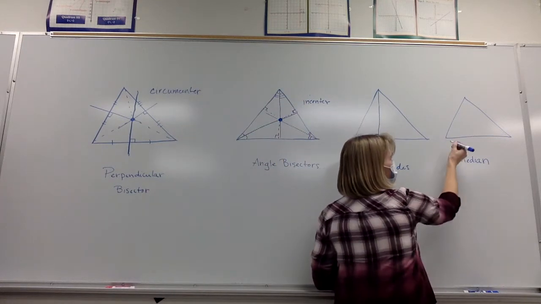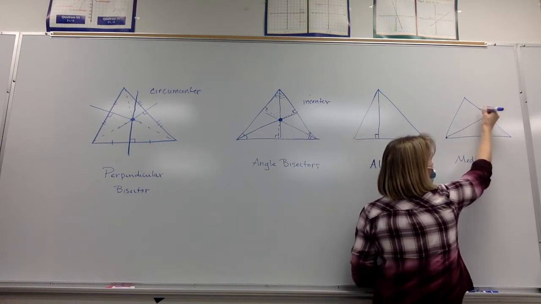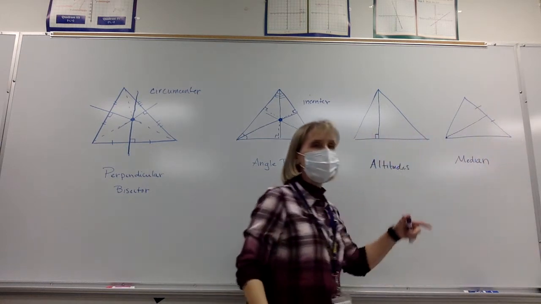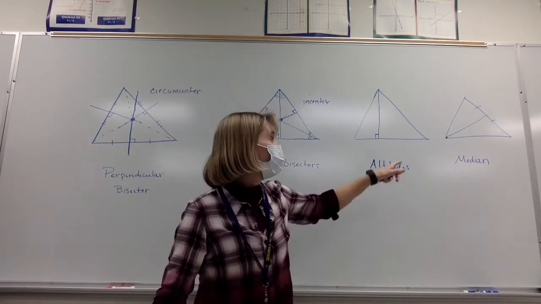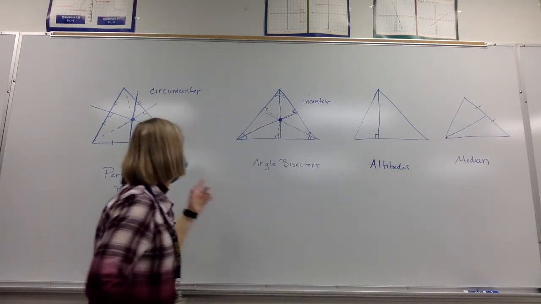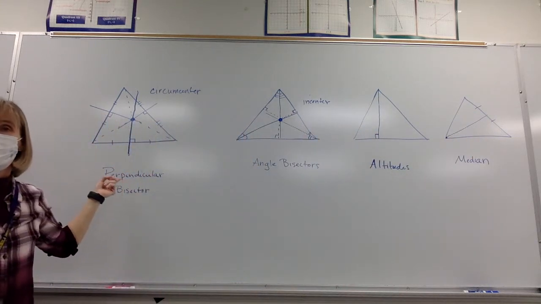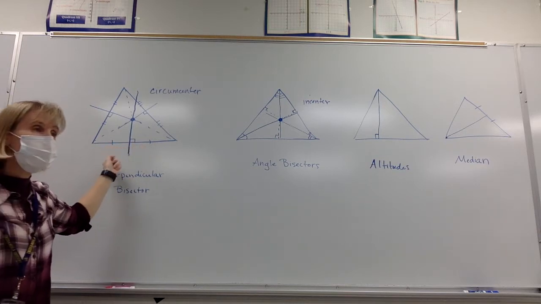What a median in geometry is when you start at a vertex and you draw a line to the middle of the opposite side. So you're going to see tick marks in that drawing, showing you that that line is cutting that side in half. So again, it has some similarities to the perpendicular bisector, because you're going to see tick marks here, because the side's been bisected.